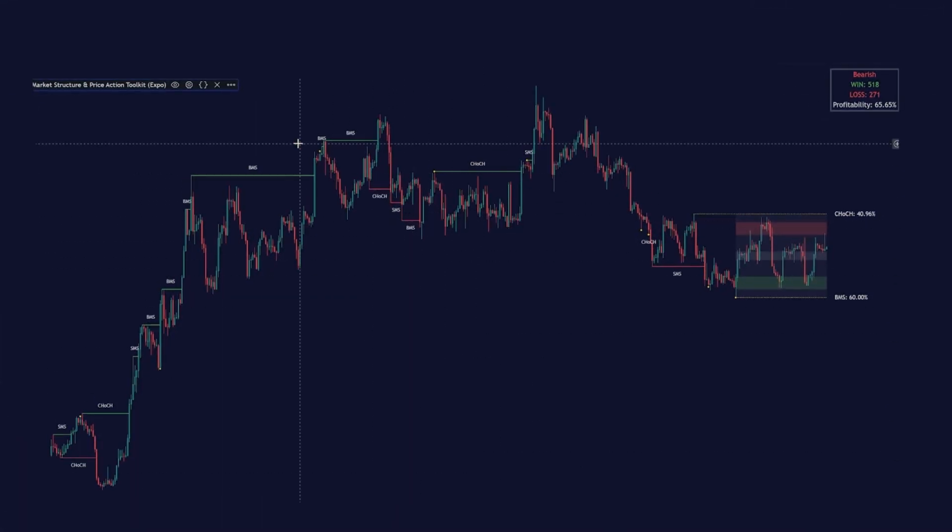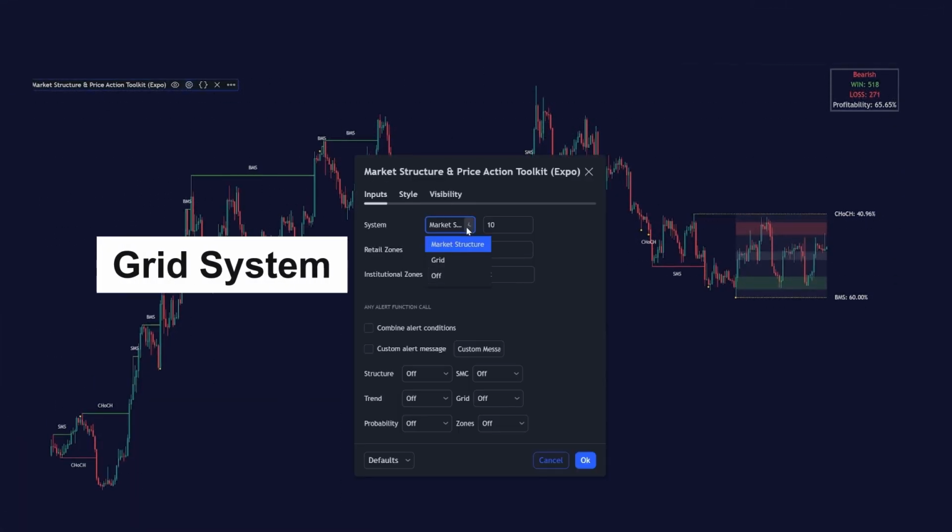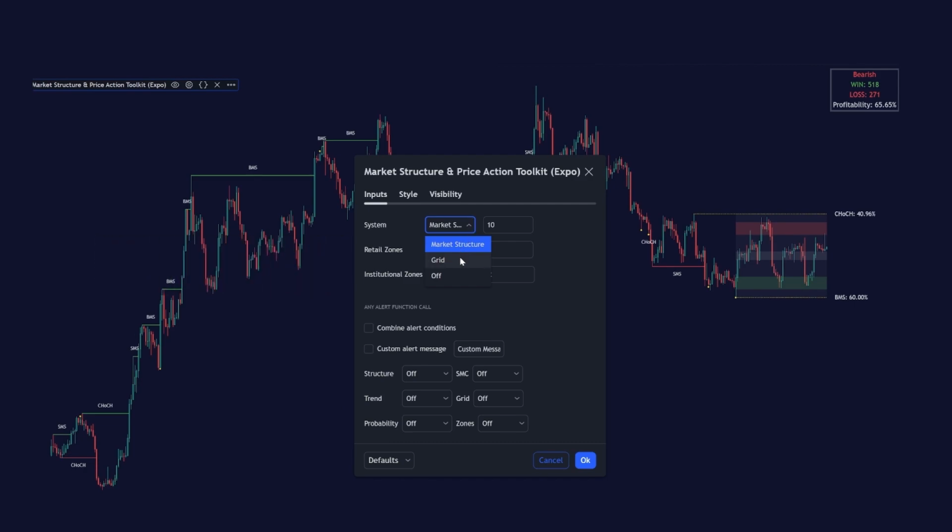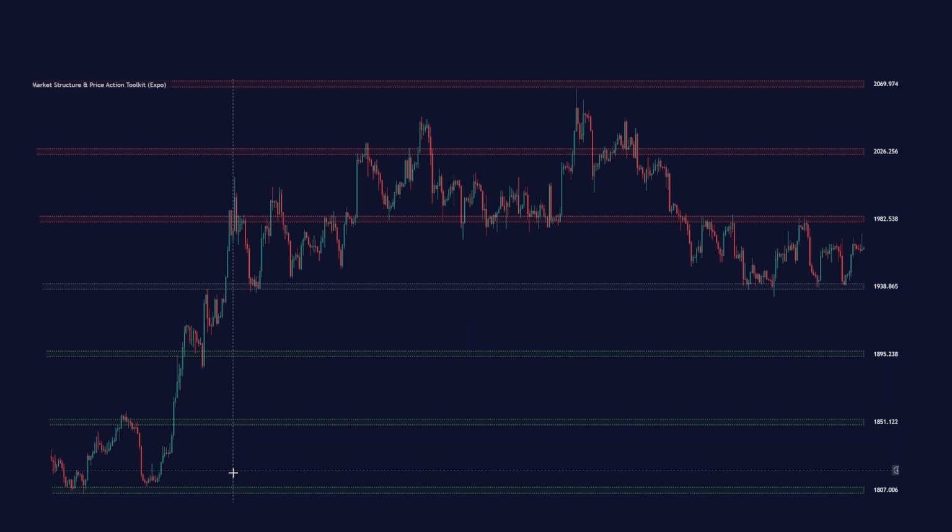Let's have a look at our grid system, which is basically a grid trading system. And it looks like this. We have the green support levels. We have the gray mid-level and we have the red resistance levels. So the idea is that we are taking retests of these levels.